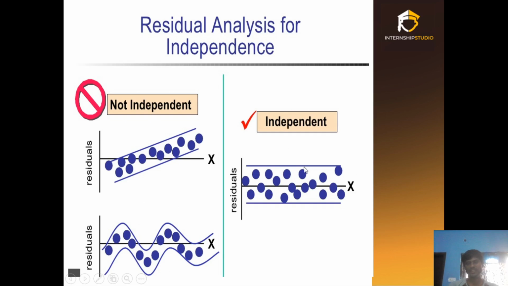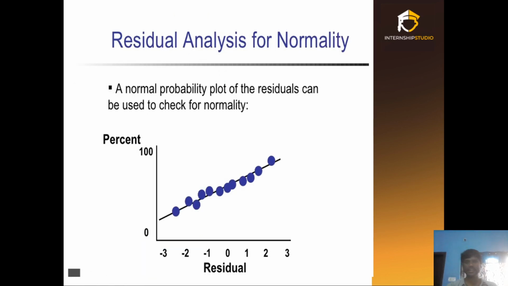But if you see it here, there is no such form, no such kind of relationship between the residual and x. That is the reason you can conclude that they are independent. So by analyzing the residuals and plotting them with respect to x, you are going to interpret different things regarding the relationship between x and y.